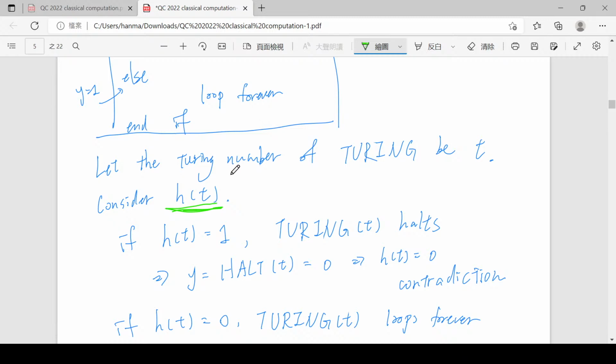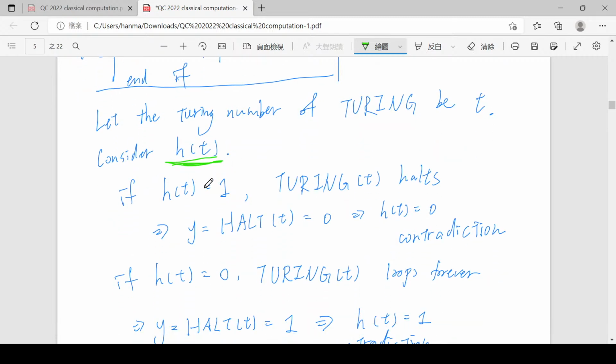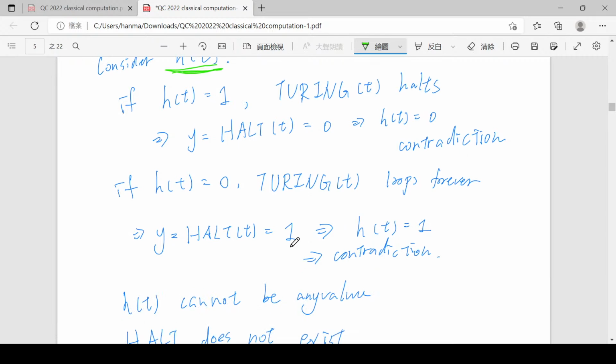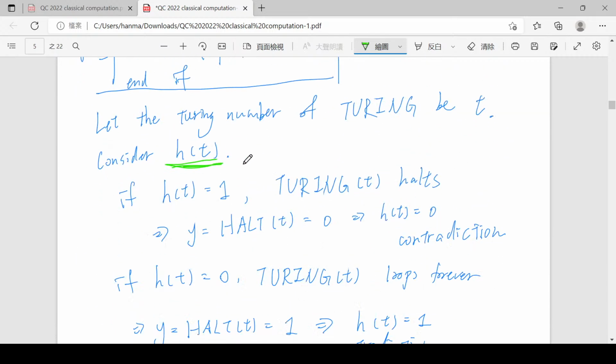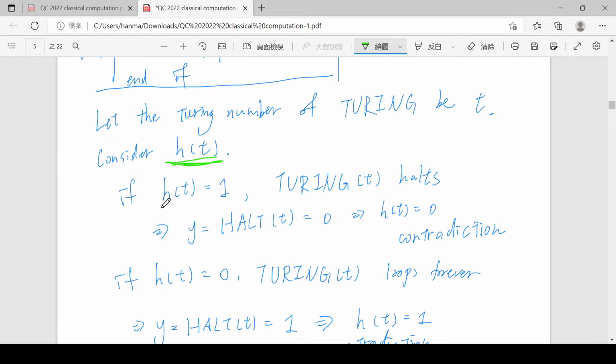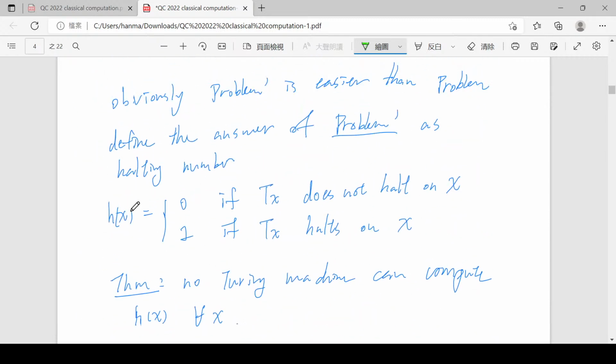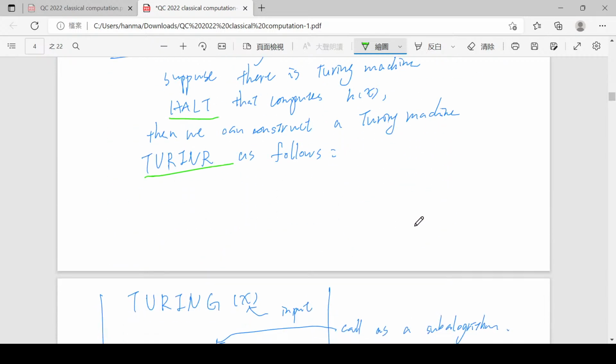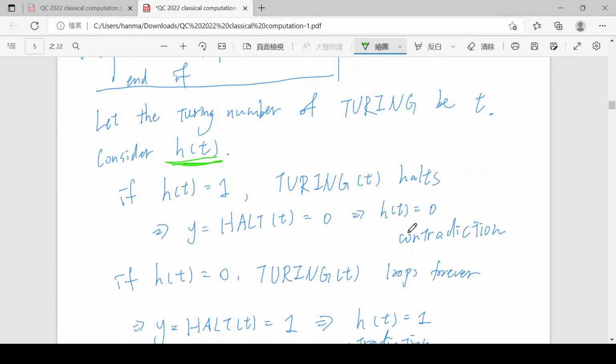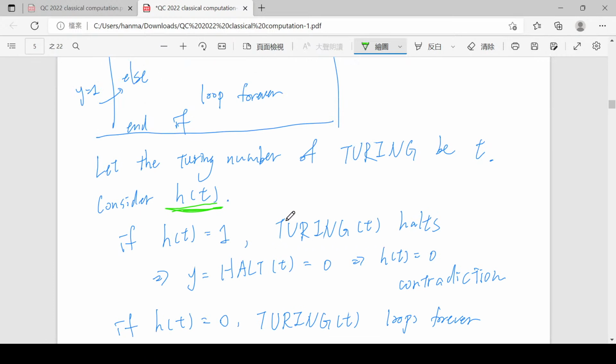And then we prove that h of t can be neither 0 nor 1, because we can do some logical traceback. If h of t equals 1, then by definition of h, it means Turing of t halts. Because remember, h of t equals 1 means the machine will halt on itself. So Turing of t will halt.